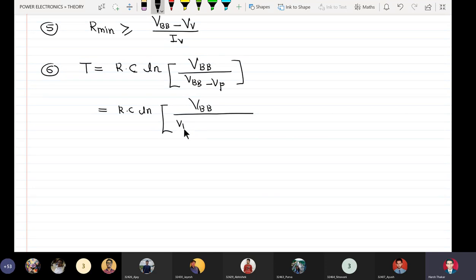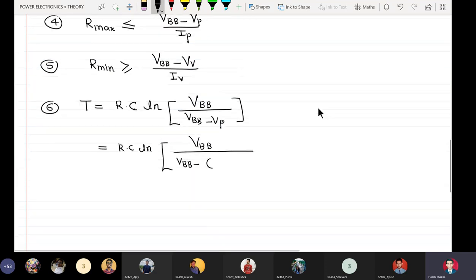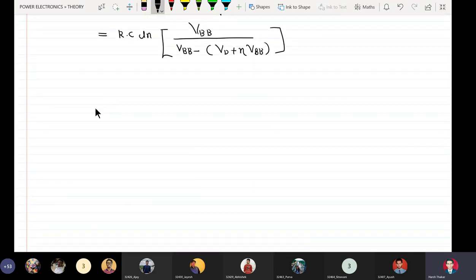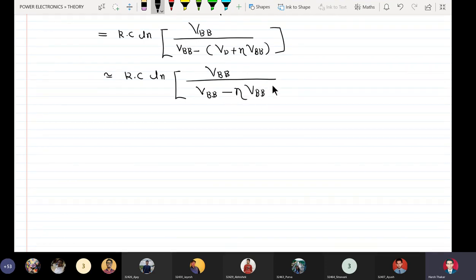Now from equation number 1 we have VP equal to VD plus eta into VBB, so T is approximately equal to RC natural logarithm of VBB upon VBB minus eta into VBB, since VD is much less than eta into VBB.